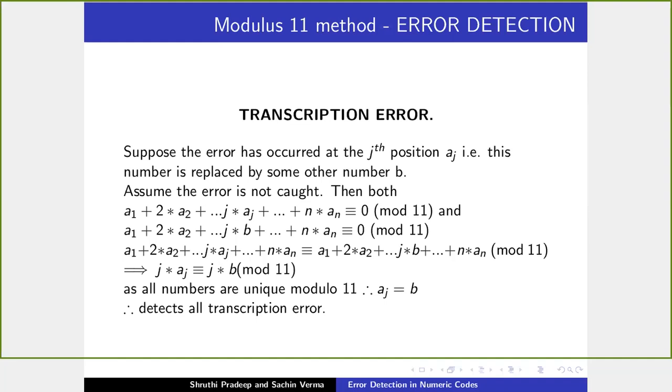But since aj and b are numbers from 0 to 9, aj minus b becomes congruent to 0 mod 11, and the difference will be between minus 9 and 9, which tells you that aj has to be equal to b.